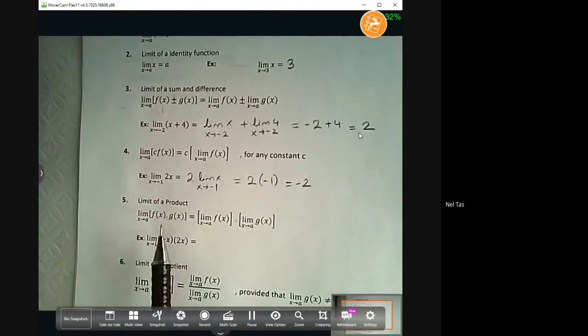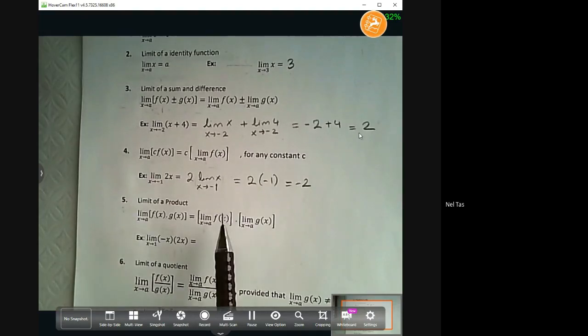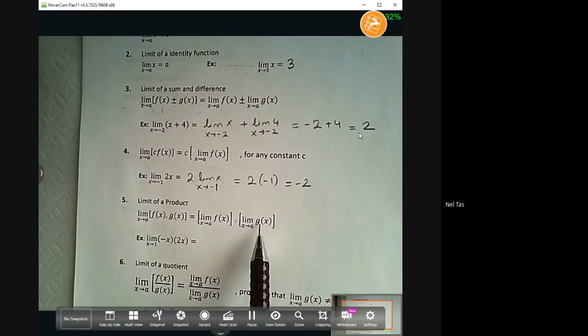The limit of a product. If you have a limit of f of x times g of x as x approaches a, this can be written as limit of f of x as x approaches a times limit of g of x as x approaches a.